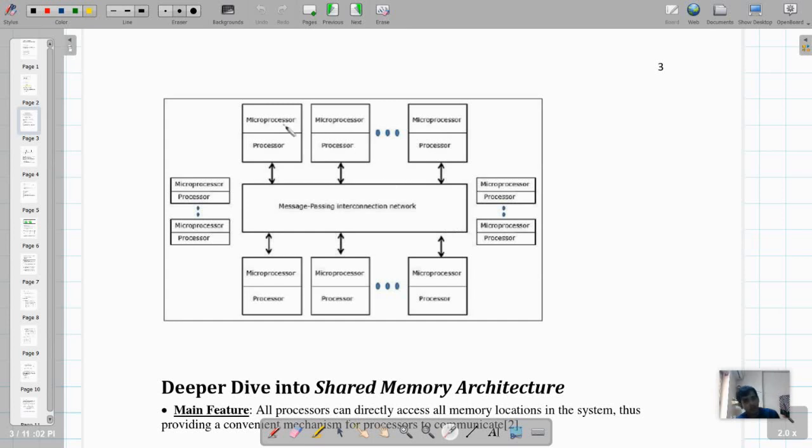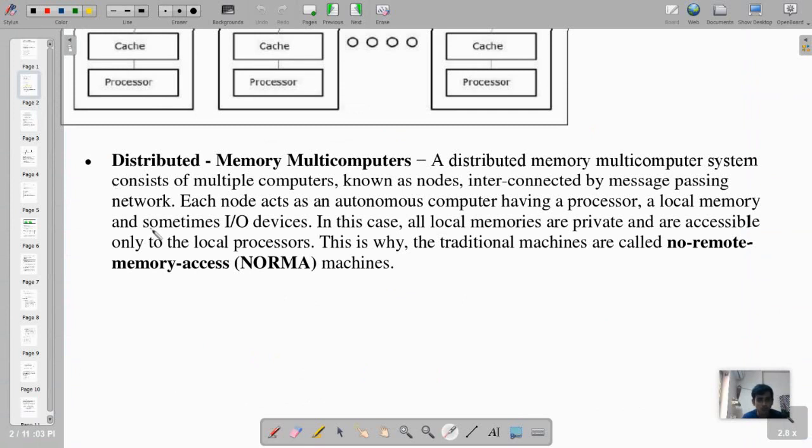Now all these units are actually independent of one another. That means whatever memory is attached to them is native to a single processor. Some of the computers might have access to peripheral devices, input-output units, but this entire thing will act like a single computer. So this was the idea behind distributed memory multi-computers.